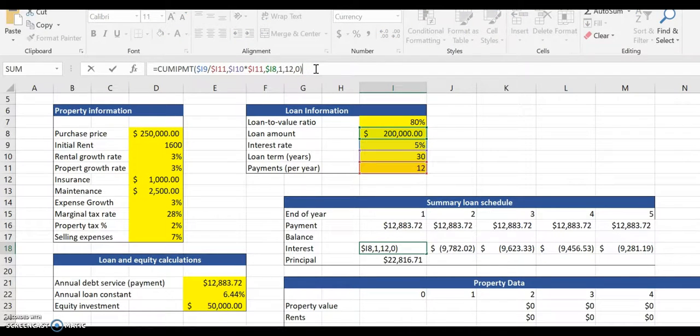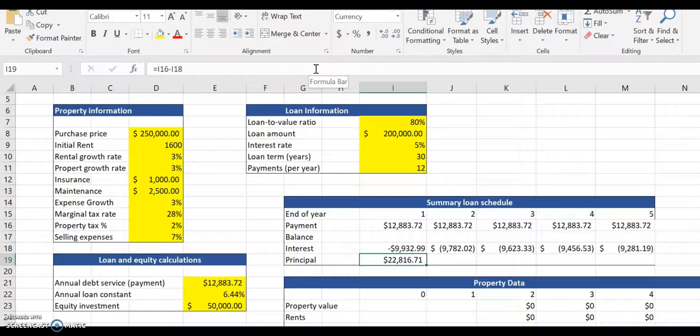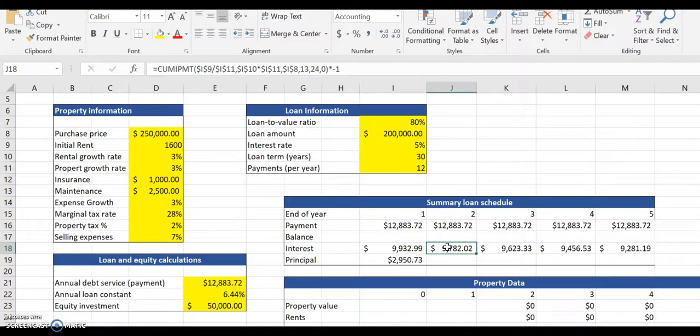So I need to go back and multiply this times a -1 so that we can see this in a positive form. Okay, so I had to do some editing on these to have them display in a positive form so that we could get our correct principal. And as you can see, what I had to do there was just multiply each by -1.